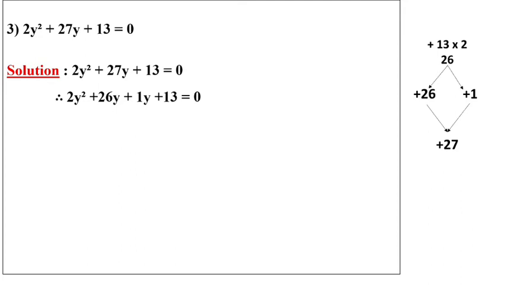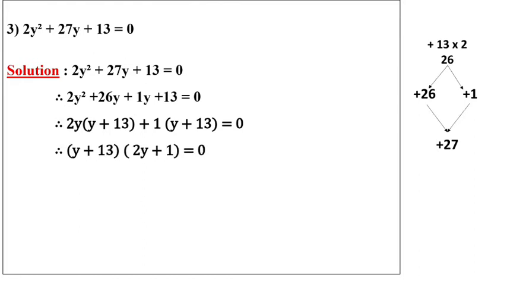In the starting two terms, what is the common? 2 and y are common. 2 and y come out. What does it mean? y plus, in the 2 table, 26 comes how many times? 13 times. y is already out. The same bracket will be copied, y plus 13. In the middle one, 1y, y has come inside. What does it mean? Plus 1.